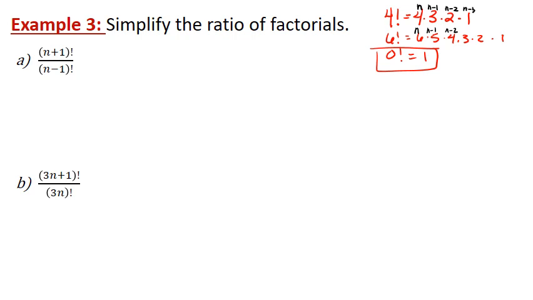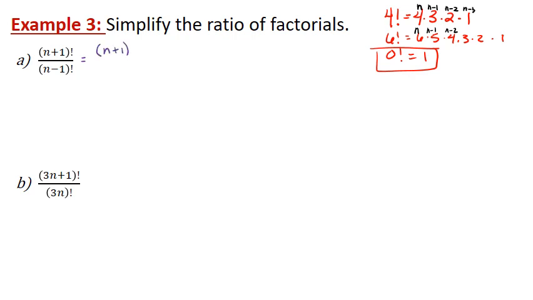So, if we are asked to simplify this, we have n plus 1 factorial on the top. And our goal is to cancel out this denominator if possible. So that means I need to somehow rewrite the numerator to get it down to the denominator so it can cancel out. So what I can do is rewrite this factorial.